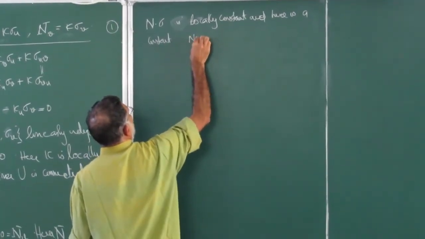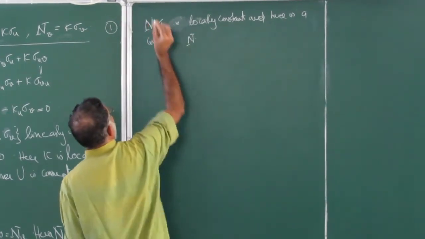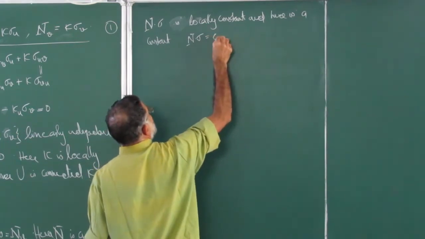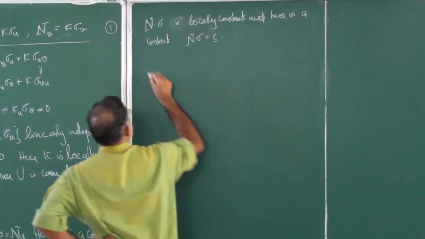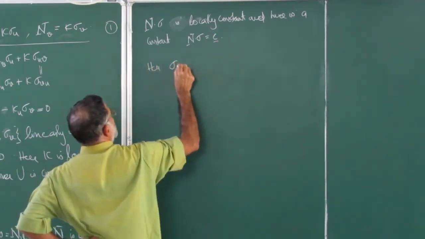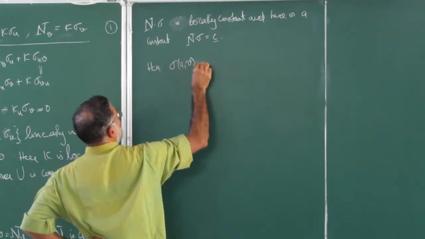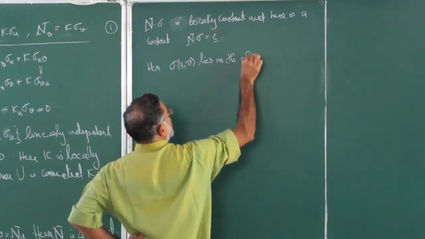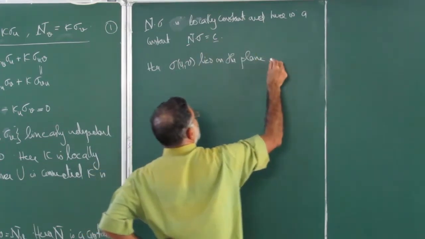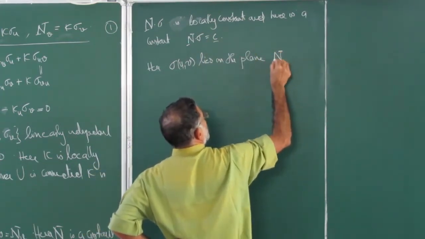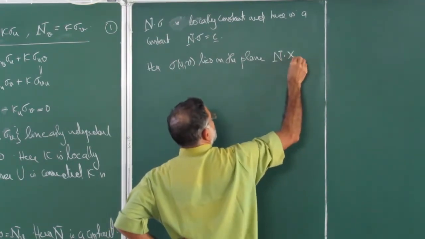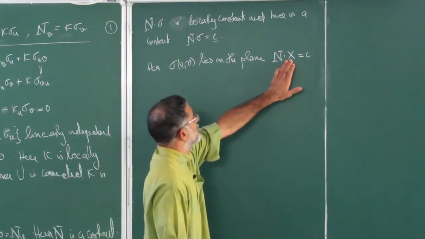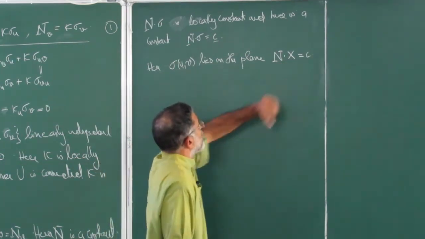So N dot sigma equals some c. Hence sigma(u, v) lies on a plane. What is the plane? The equation of the plane is, with N fixed, N dot x equals c. This is the equation of a plane.